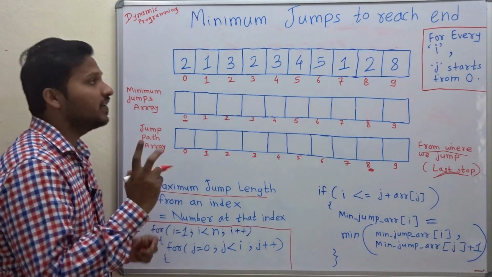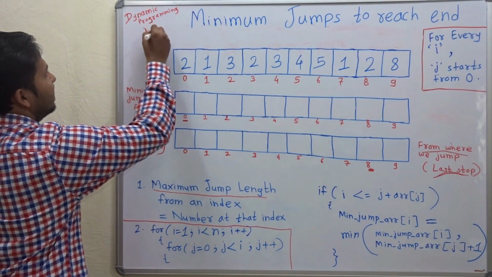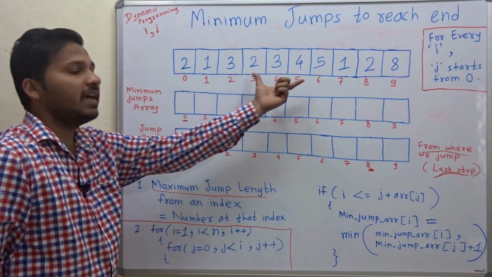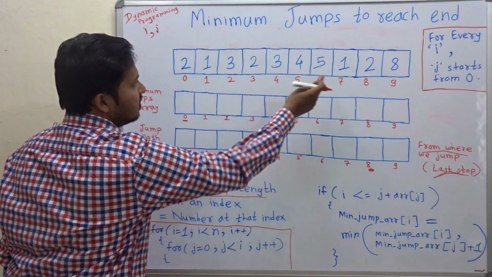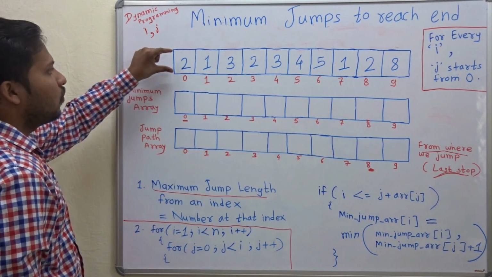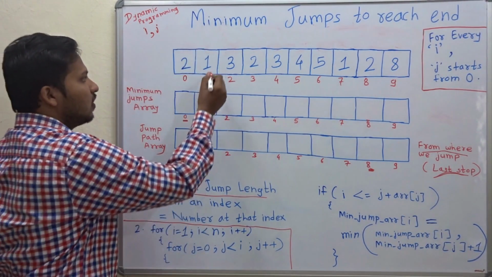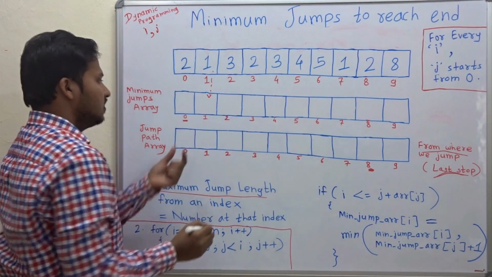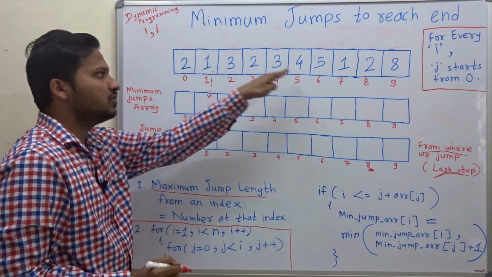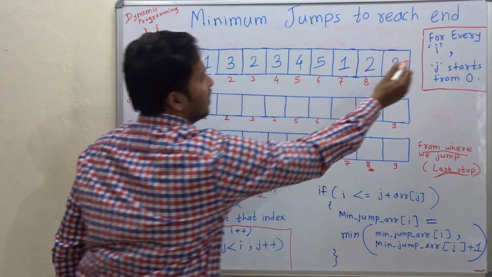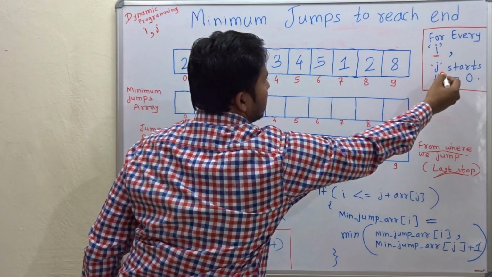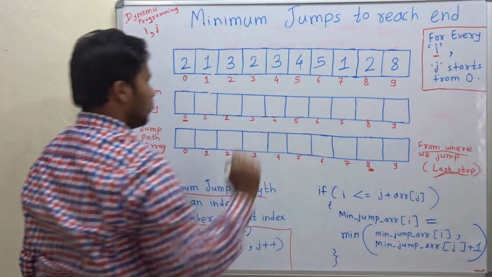So we use two variables I and j to trace this array. Variable I visits each position in the array, and for each position we find out the minimum number of jumps needed to reach that position. Okay, and for every I, here for every I, j starts from 0.